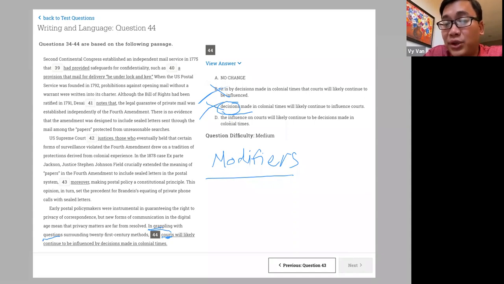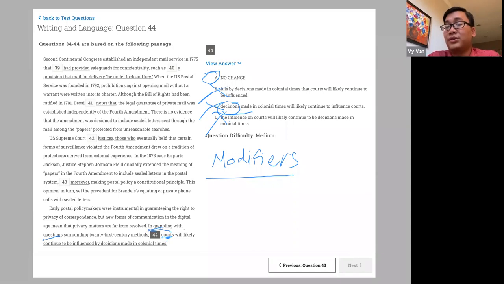Again, the influence cannot grapple with questions. The only choice that makes sense is A, because then we say the courts who grapple with questions surrounding, they will be likely to be influenced. Therefore, the answer is A. So this is a modifier. Just ask yourself, what is the subject for this modifier? What is this modifying?